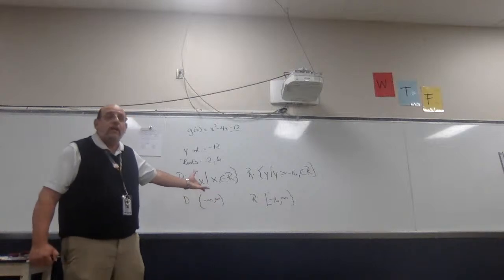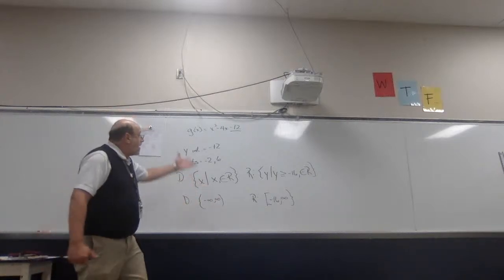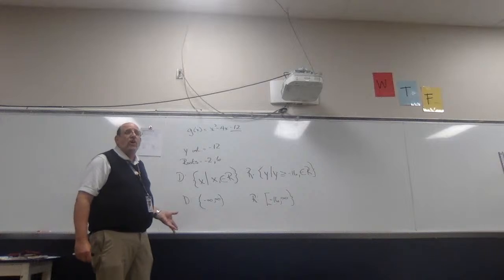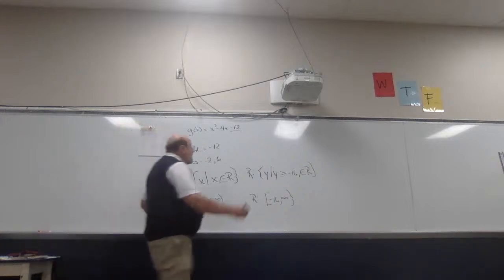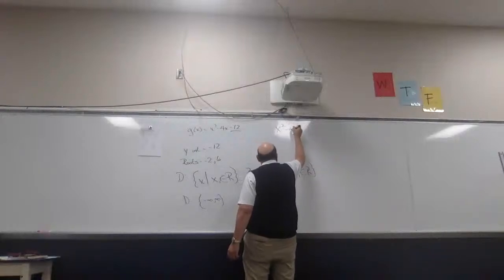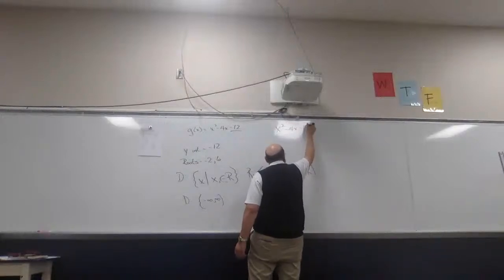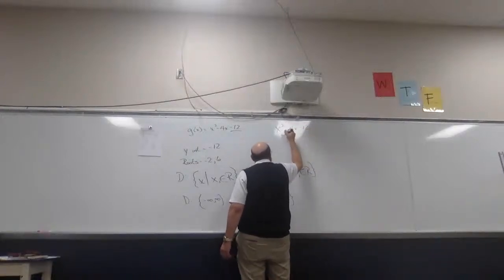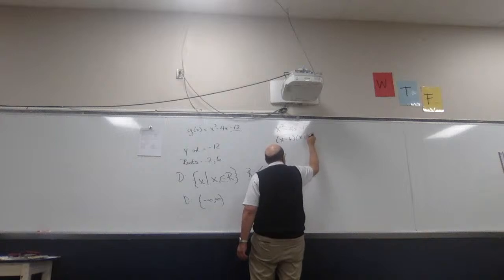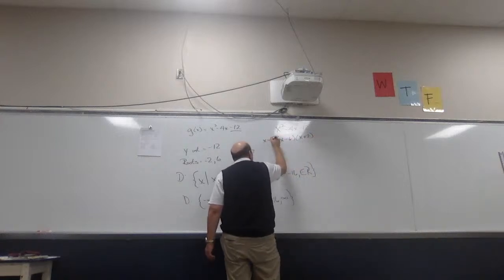There's everything that you need in a nutshell. Do I have to solve this algebraically? I could take my x squared minus 4x minus 12 and factor it to x minus 6 times x plus 2, right?